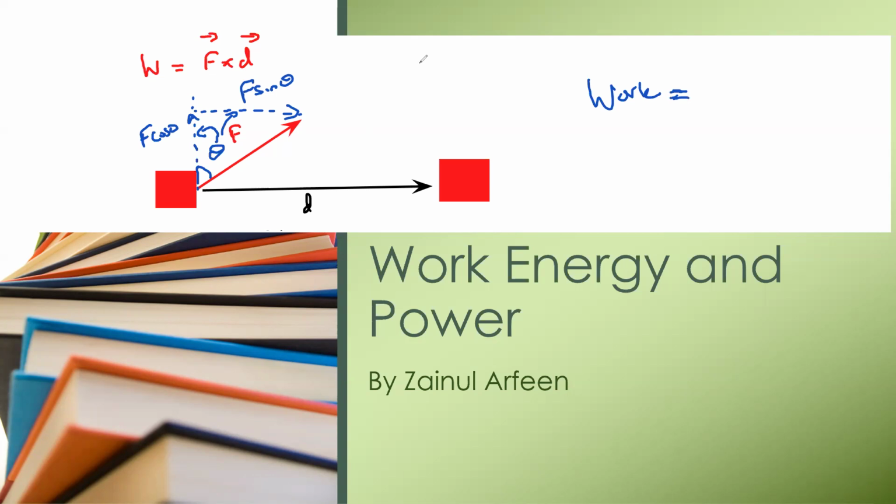We always take the component of the force which is parallel to displacement. In this example, which component should I use, F cosine theta or F sine theta? Yeah, that's right. It will be F sine theta times D.